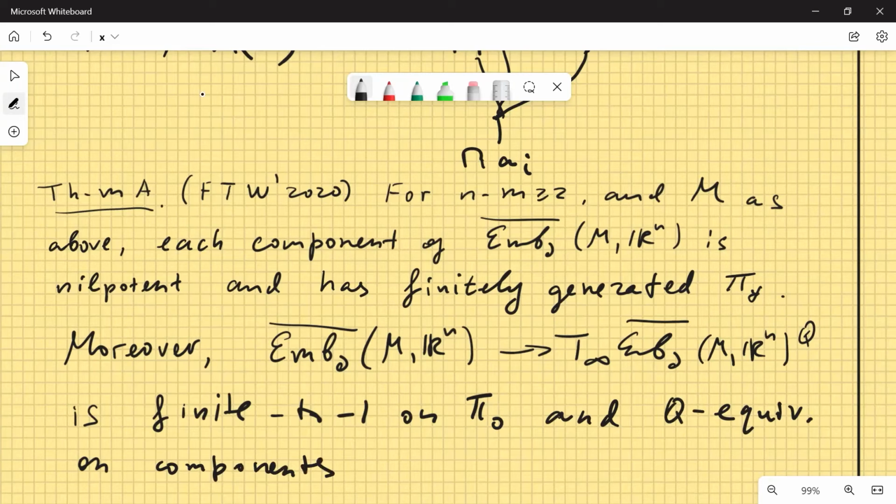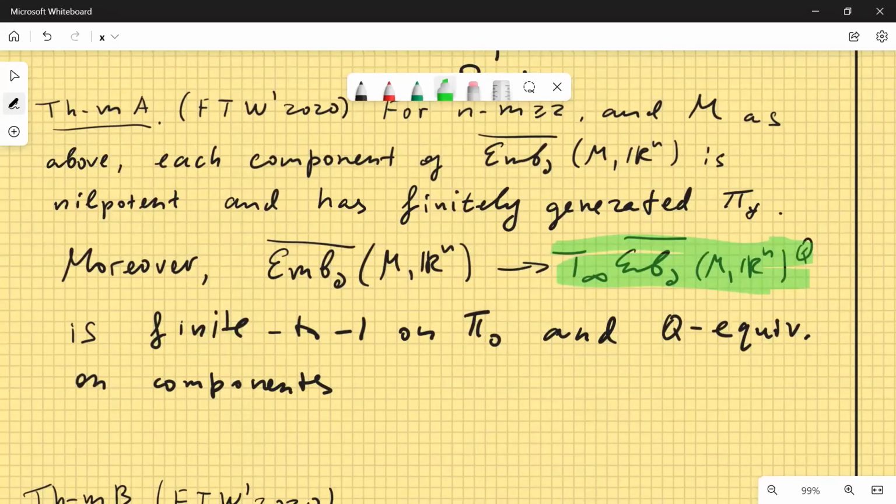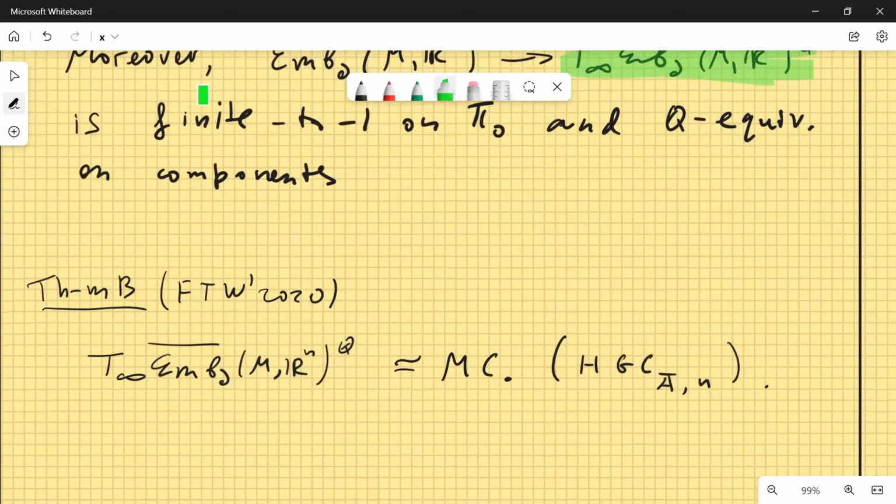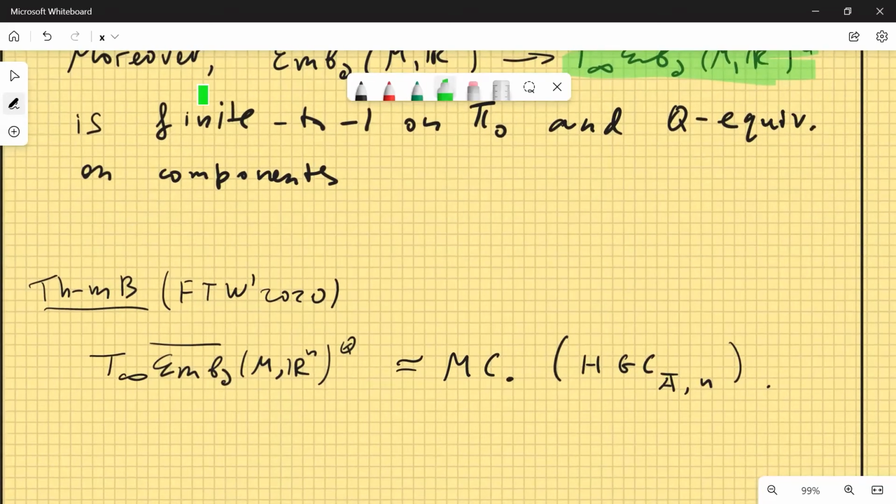So moreover, we actually were able to compute this part. So this thing can also be expressed algebraically. Our result says that the limit of the tower is expressed as a simplicial set of Maurer-Cartan elements of this hairy graph complex L-infinity algebra. It's quite interesting that the result actually works for n minus m at least 2, and actually m could possibly coincide with R^m.